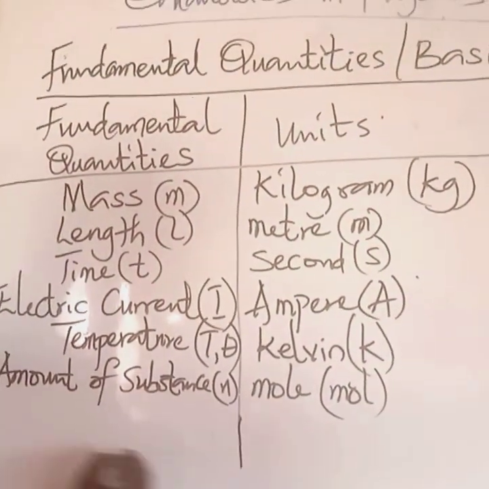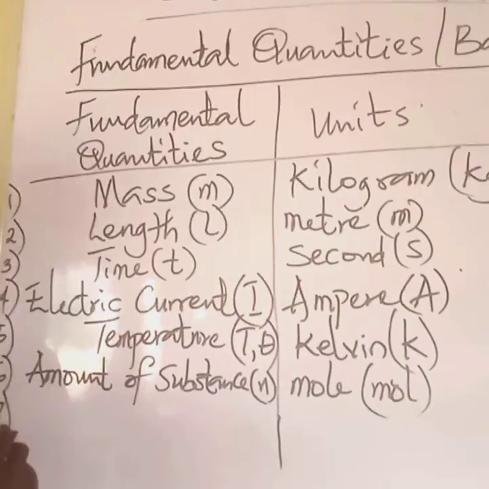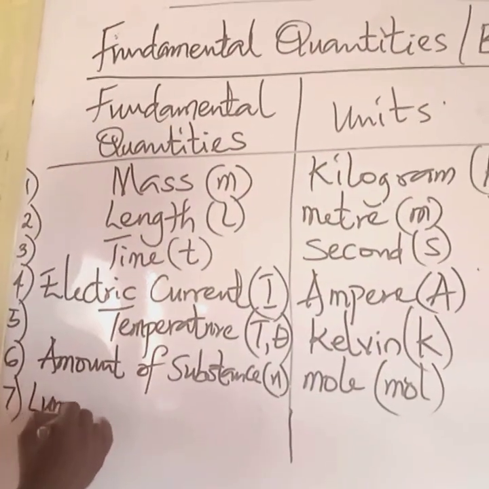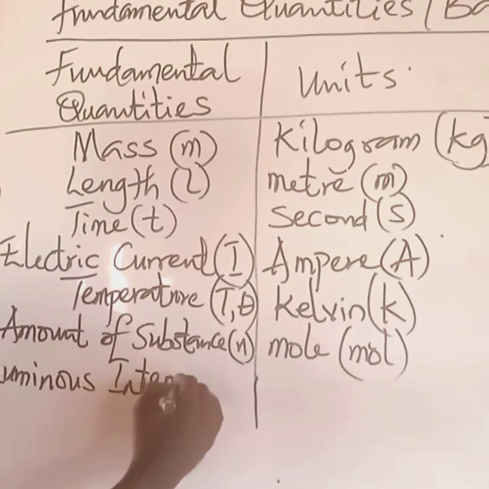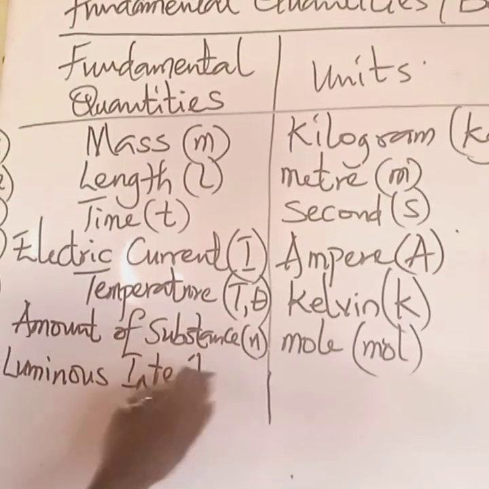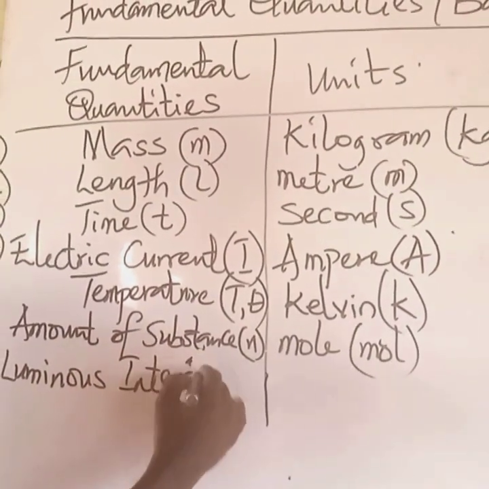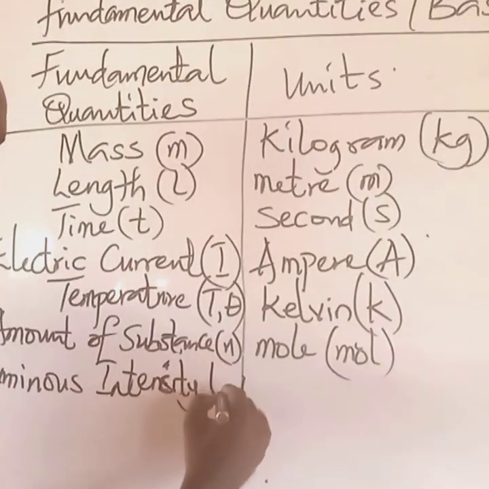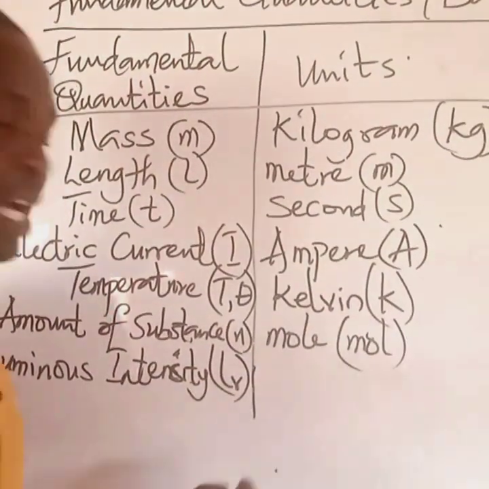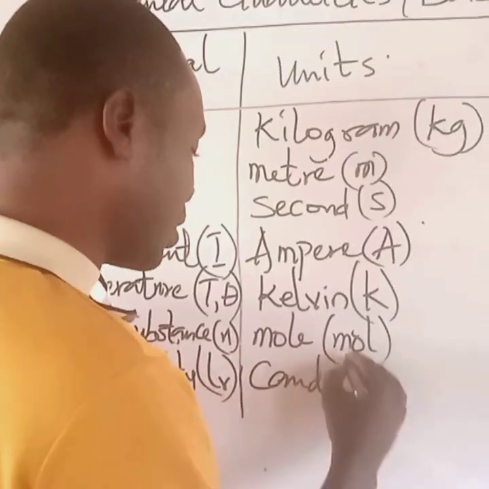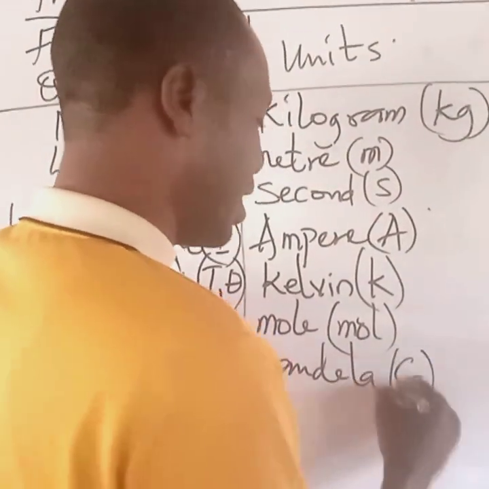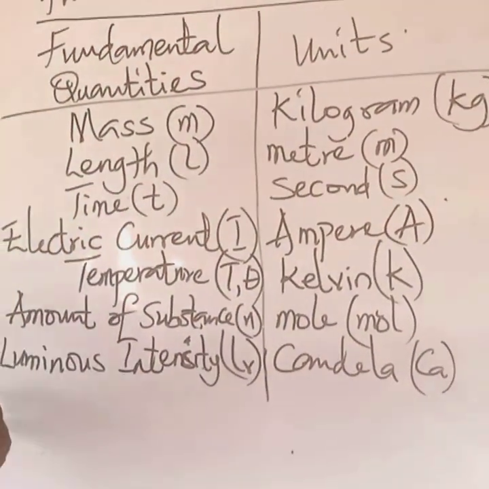Number 7, we have luminous intensity. The symbol is I subscript v. And the unit for that is candela. That is cd for luminous intensity.